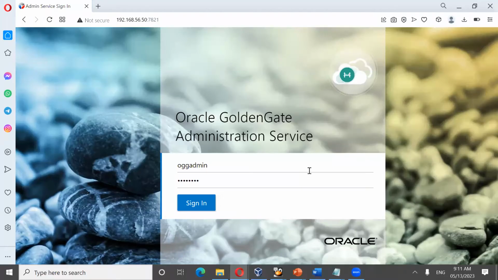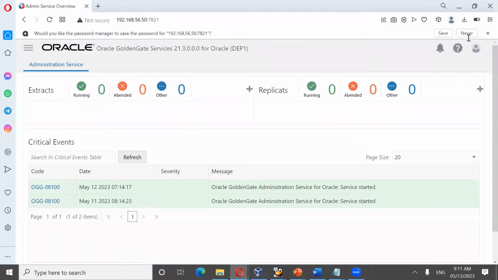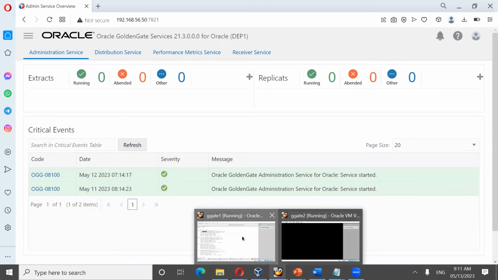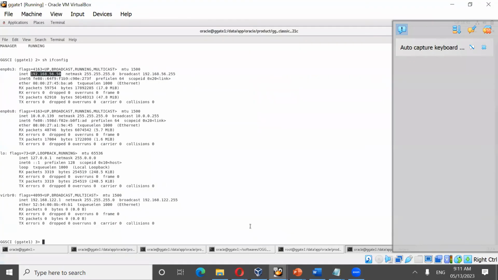It requires your username and password when we install. So all these things you'll be learning. When you create, for example, an extract or replicat in the GoldenGate environment, you will understand what is extract and replicat, but you have this web-based user interface in microservices architecture. However, in Classic, it's only command prompt based.